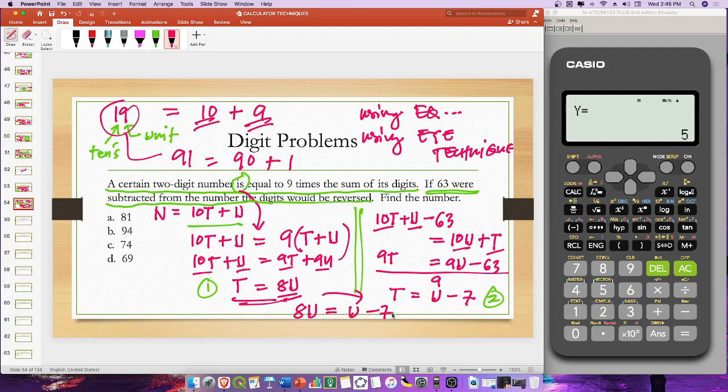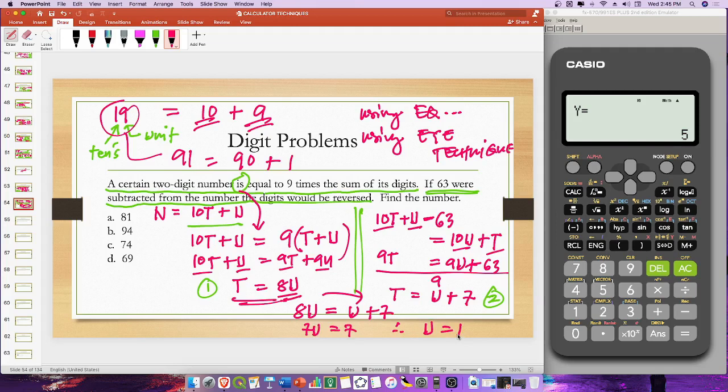Therefore, by the way, from our equation 2, take note this is negative 63. It becomes positive when transposed to the other side of the equation, leaving you positive 7. So this will become 7u equals 7. Therefore, the unit digit is 1.